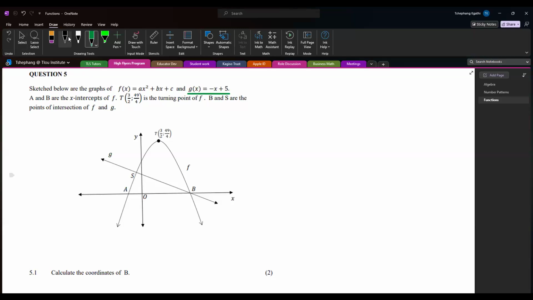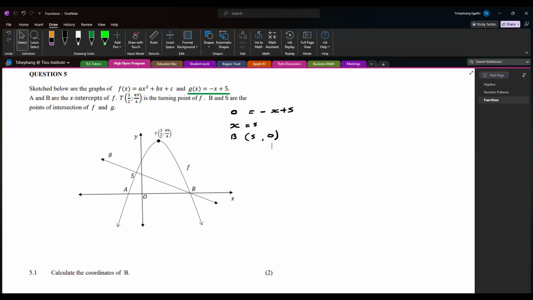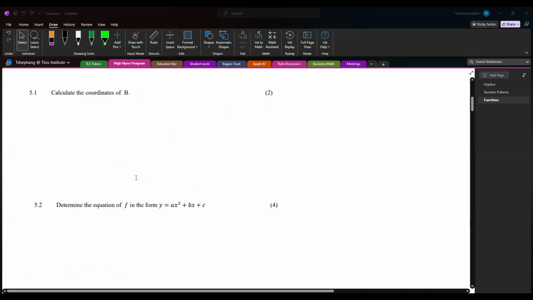So simply, it will say 0 is equal to minus x plus 5. And we know that x is equal to positive 5, meaning that B has coordinates (5; 0). As simple as that.